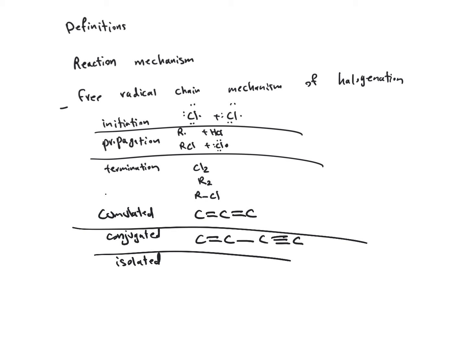For isolated, we have a multiple bond, then single bond, single bond, single bond, so they're separated by single bonds. You can always refer to your book, which is your best resource, best friend, to see these definitions. And then we have trigonal. A trigonal carbon atom is bonded to only 3 other atoms. So know the definition.